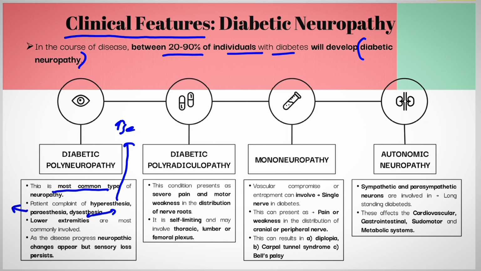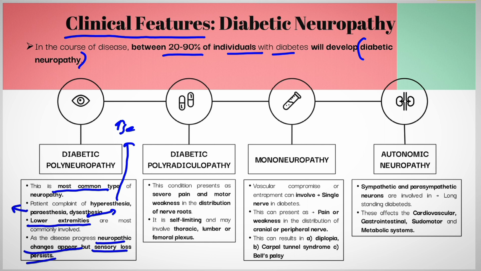This diabetic polyneuropathy is most common in the lower extremities, and as the disease progresses, the neuropathic changes are more as compared to the sensory changes. However, the sensory loss still persists in those patients. The second category is diabetic polyradiculopathy.